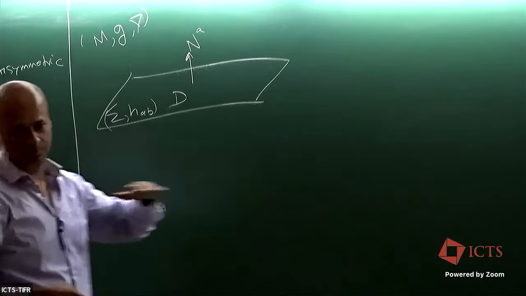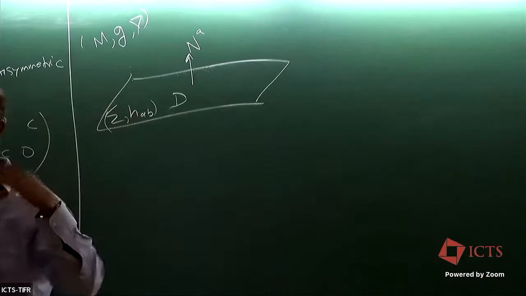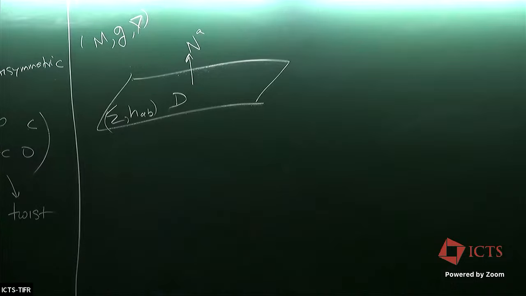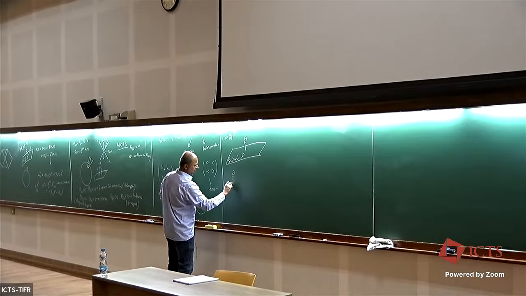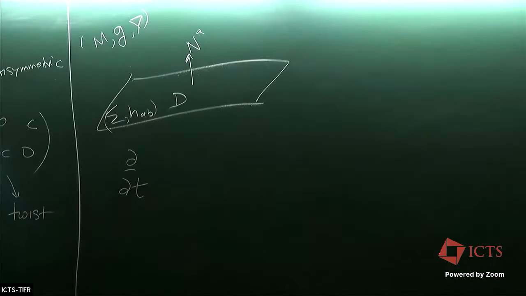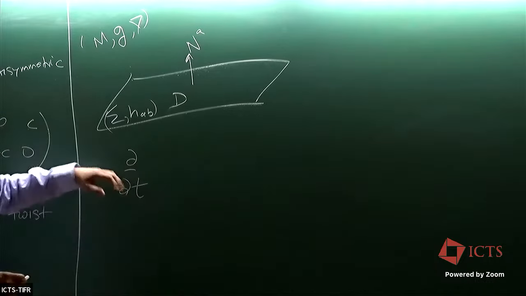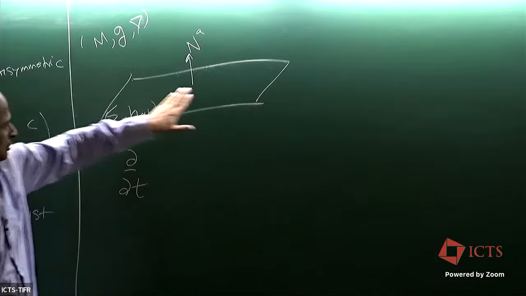You start off with some time function. In my whole manifold, I have some time function, and surfaces of fixed time are these surfaces here. Given the time function, I can construct the time evolution vector, which is the partial derivative along t. I will point out that this seems like a simple thing to write, but this implies some spatial coordinates as well.